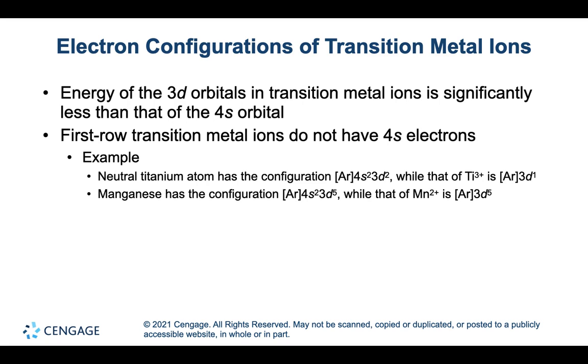That would be argon 3d1. You would lose the 4s2 and one of the 3d electrons to get the 3 plus charge. Manganese, which is 4s2 3d5, when it loses 2 electrons to become manganese 2, is just 3d5. So notice it loses the 4s electrons.